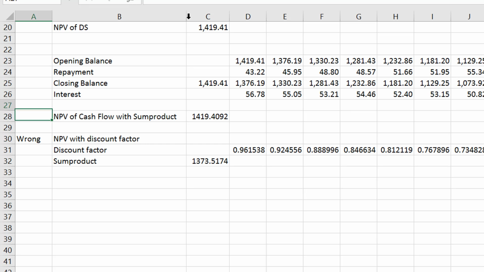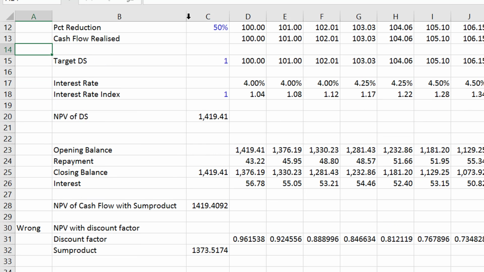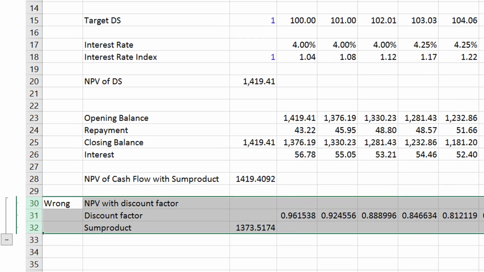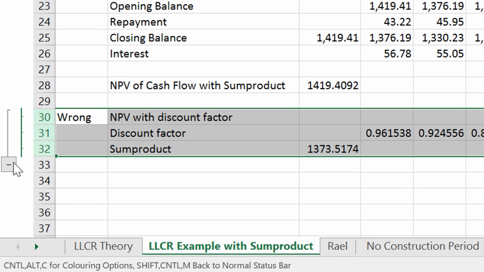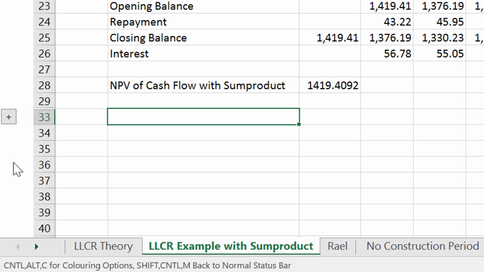Now the next question is, let's go forward. If we go forward and say I'd like to compute the LLCR, we'll hide that for a minute.